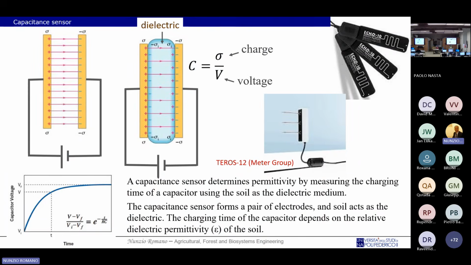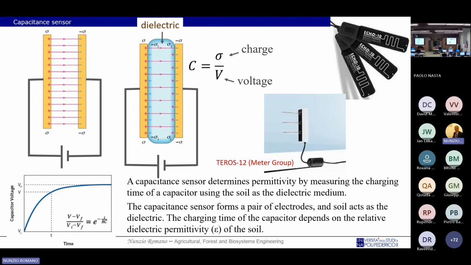I don't want to push, it is the same webinar, just to give you an idea of what the market produces. One is the Teros 12 made by the Meter Group. What is interesting about this probe is that you not only measure the dielectric permittivity, so the soil water content, but you can also measure simultaneously the soil temperature and the electrical conductivity. So you have three variables that you can measure simultaneously.